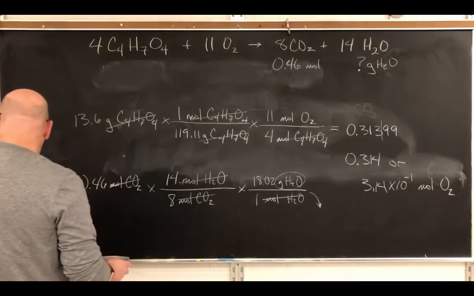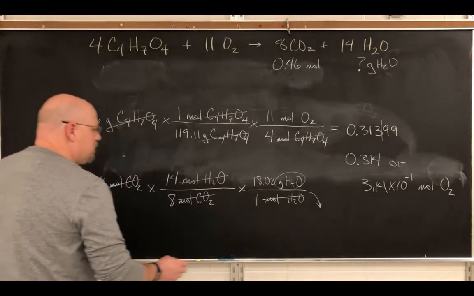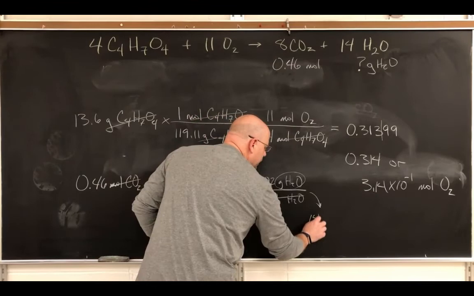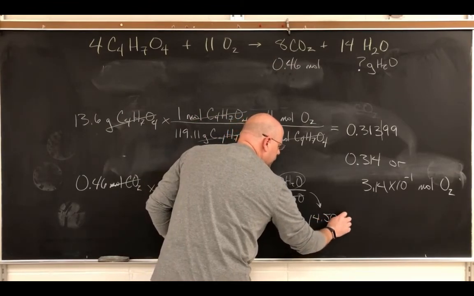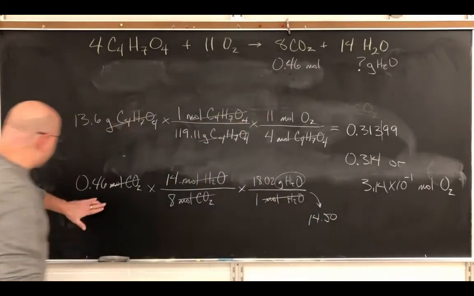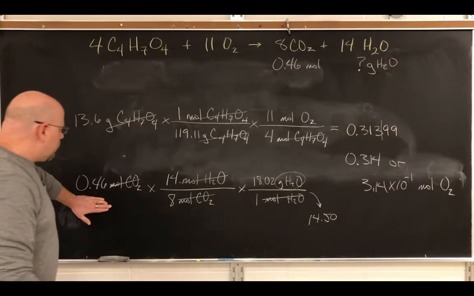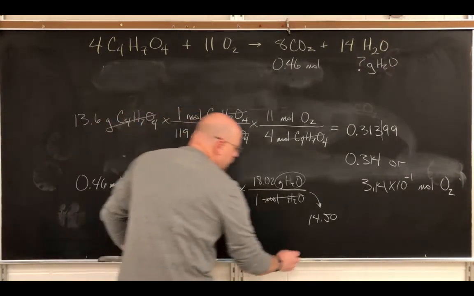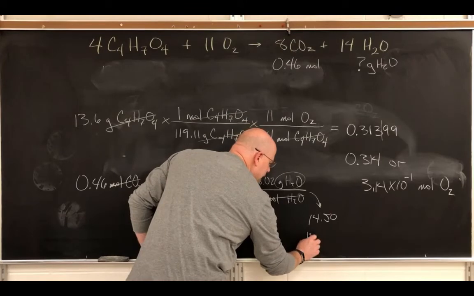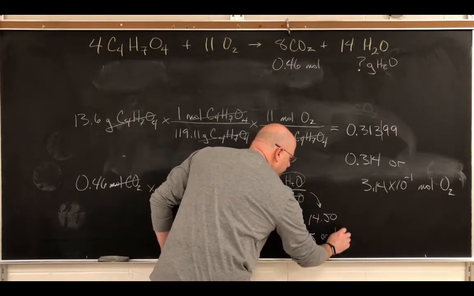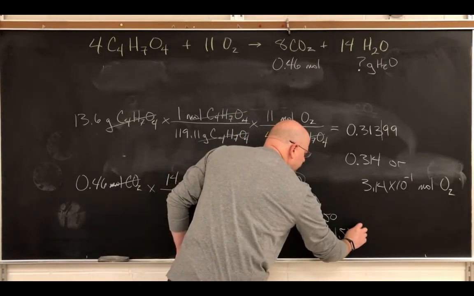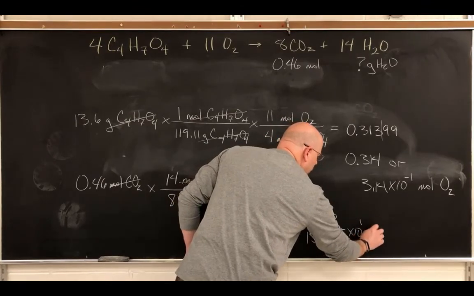Our answer on the calculator ends up being 14.50 grams, but we only need 2 significant digits, so it's going to be 15 or 1.5 times 10 to the first grams of H2O.